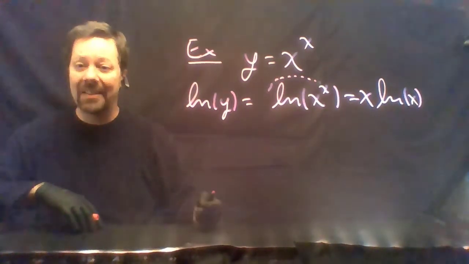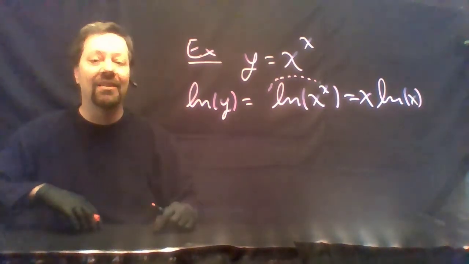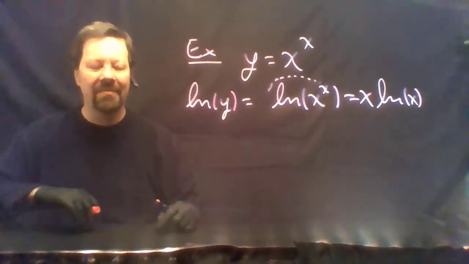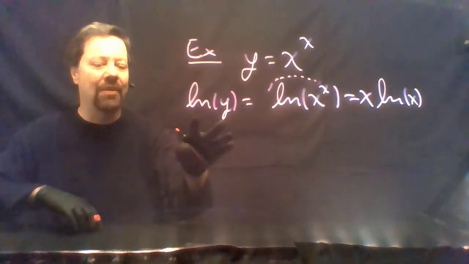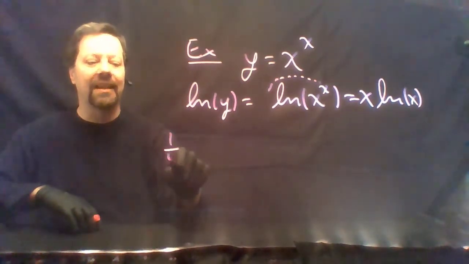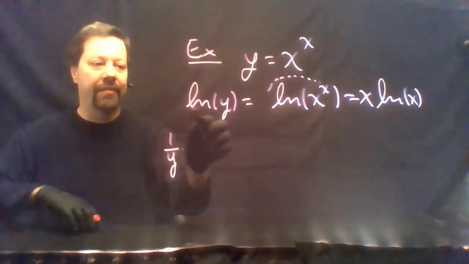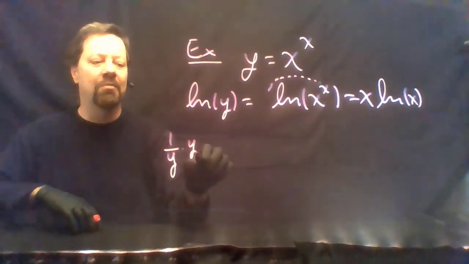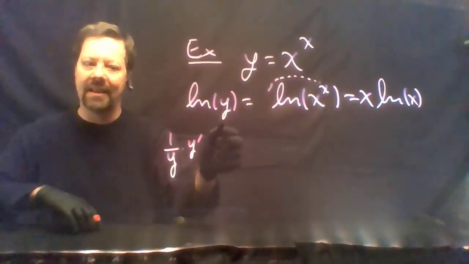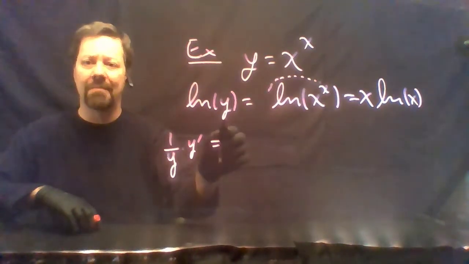To take the derivative on the right-hand side requires the product rule. The derivative on the left-hand side requires the chain rule. On the left-hand side, the derivative of log is 1 over, leave the inside alone, and then multiply by the derivative of the inside. And that's y prime.